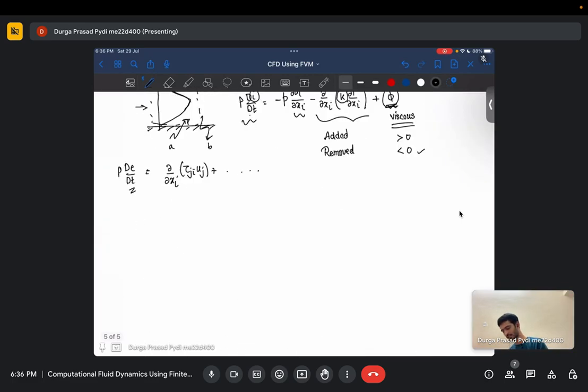Here you will come up with rho times di/dt, plus one more term, rho u_i du_i/dt, where rho times du_i/dt will again further have your shear stress terms. So this will again come up to be u_i times del p/del x_i plus u_i times del/del x_i of tau_ji.